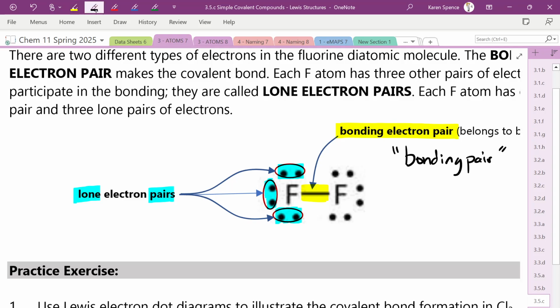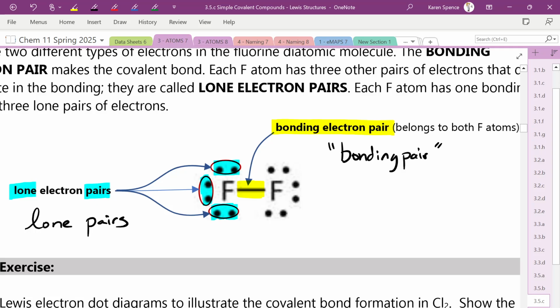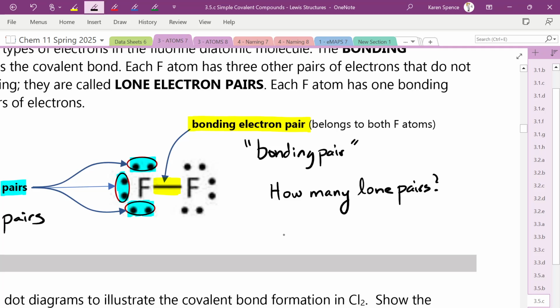Lone pairs. So if I was to ask you in fluorine, how many lone pairs and how many bonding pairs? Tell your partner, how many lone pairs, how many bonding pairs?